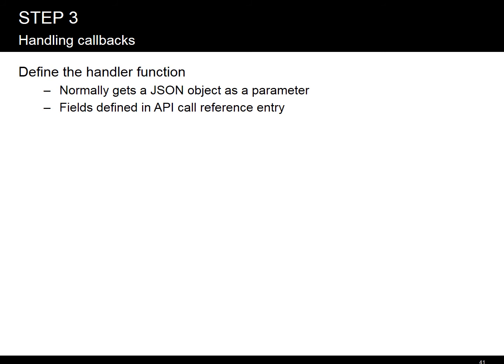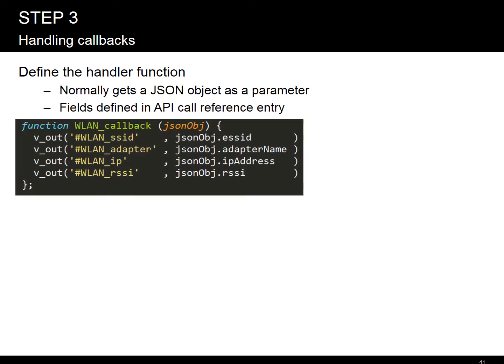Here's an example of using the callbacks. First, you define a handler function that takes a JSON object as parameter. This is very convenient since you don't have to remember the order and number of parameters, etc. You just get an object. The specific properties of that object will be described in the API call reference for which you're building the handler.